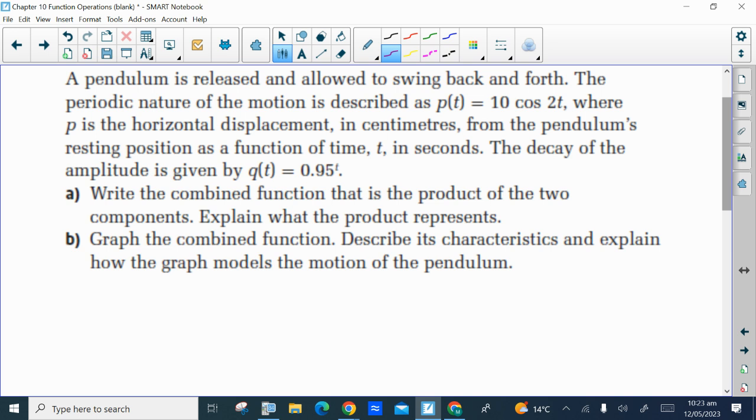A asks us to write the combined function that is the product of the two components and explain what this represents. So for part A, the combined function that represents the product of these two functions would be P at t times Q at t.